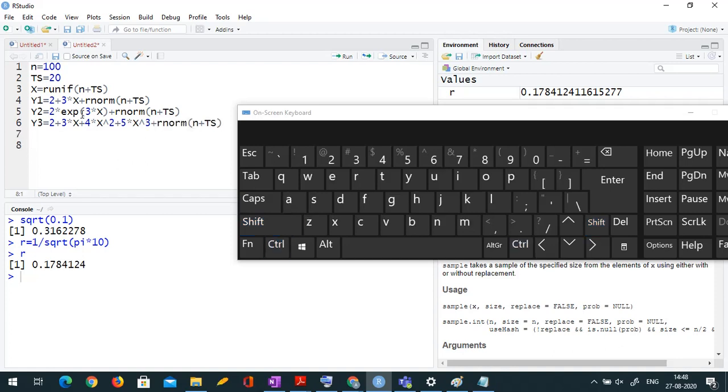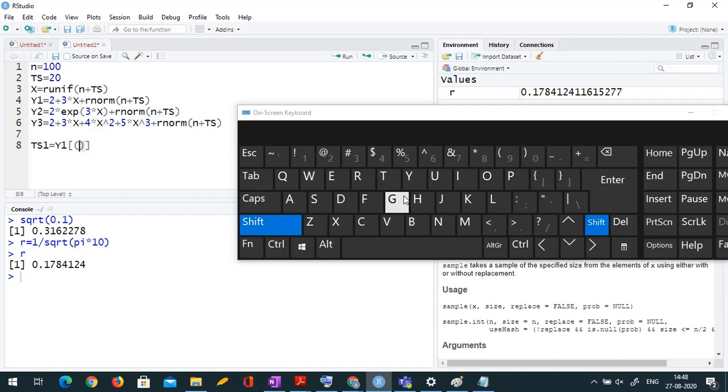Okay, my test set for the first data is actually y1 and the last 20 observations from it. So n plus 1 to n plus ts.